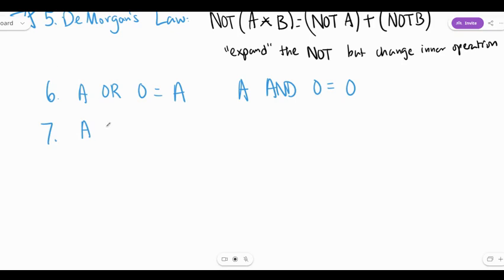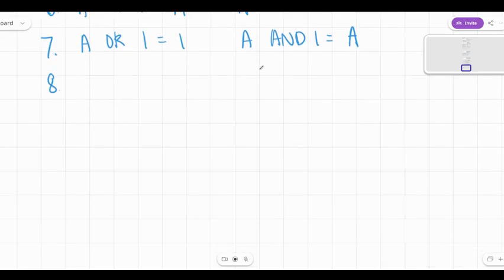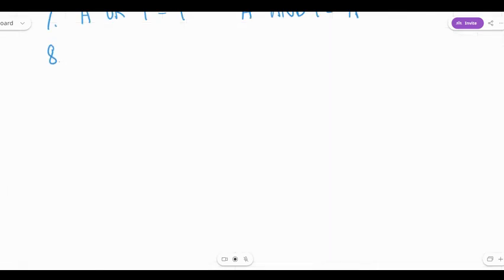A or 1 is equal to 1. And A and 1 is equal to A. If you don't understand these yet, then think about them a bit and figure out why they work, because this will help you better understand Boolean algebra.